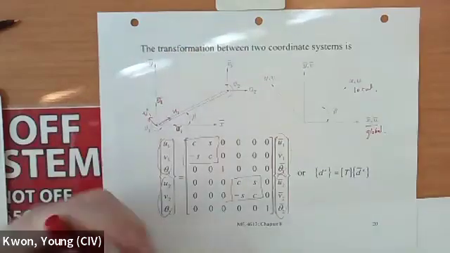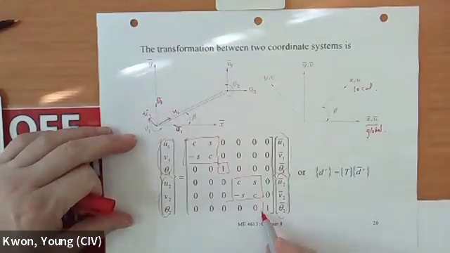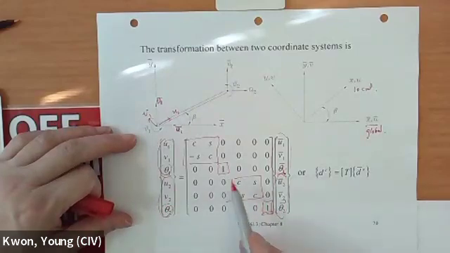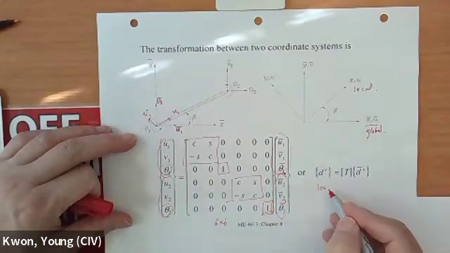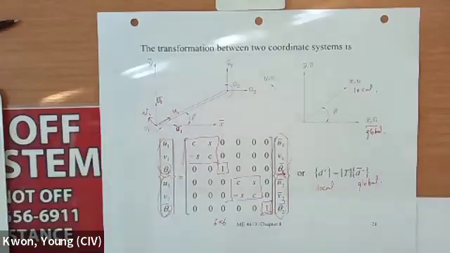So in other words, this is going to be 1. Global slope in the global coordinate system is equal to slope in the local coordinate system. No difference. So this is also a transformation matrix, 6 by 6, in terms of local and global for the 2-dimensional frame element.